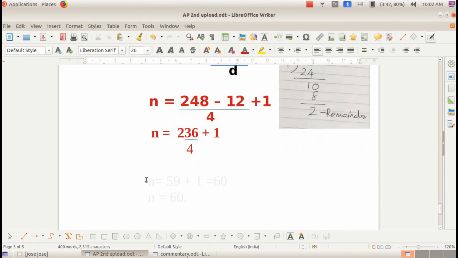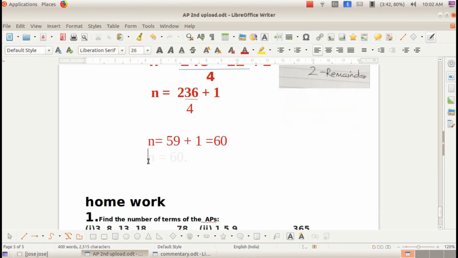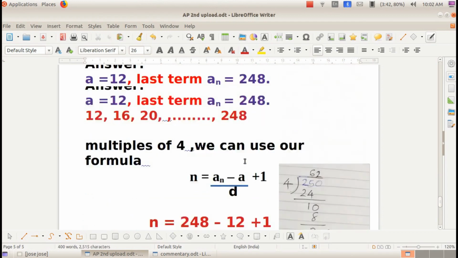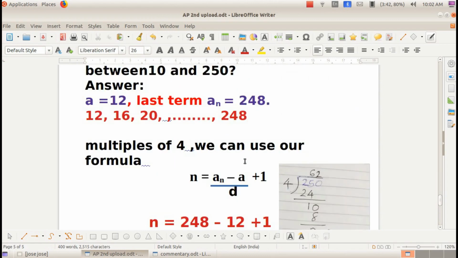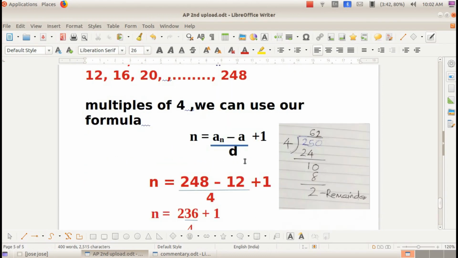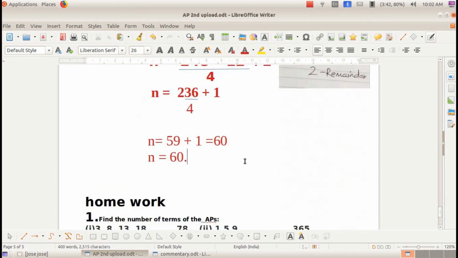Therefore, n equals 236 divided by 4 plus 1. That is 59 plus 1, which equals 60. Therefore, there are 60 multiples of 4 between 10 and 250.